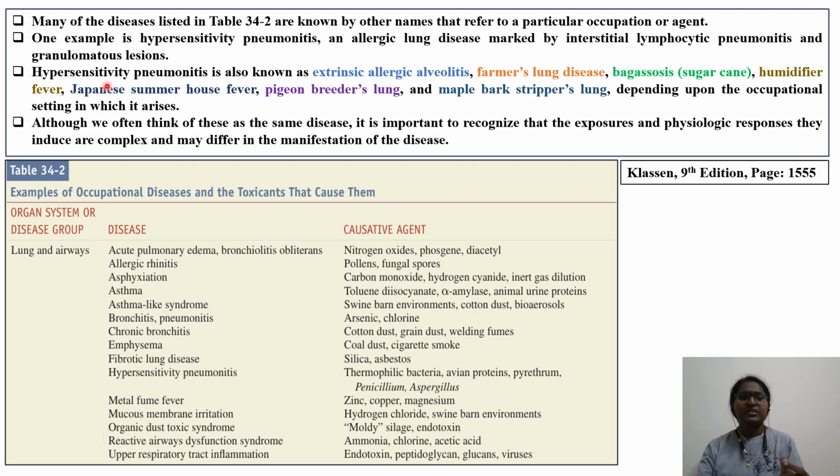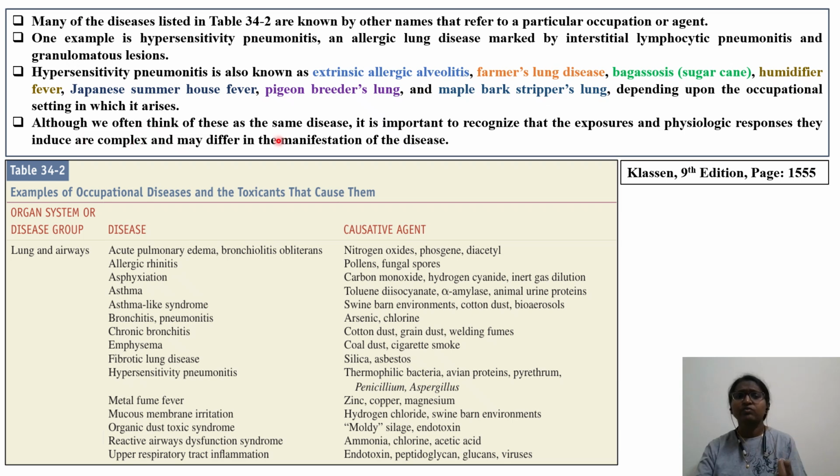See, one example is hypersensitivity pneumonitis, an allergic lung disease marked by interstitial lymphocytic pneumonitis and granulomatous lesions. Hypersensitivity pneumonitis is also known as extrinsic allergic alveolitis, farmer's lung disease, bagassosis, that is sugarcane. That is the reason in our question we have allergic pneumonitis. Humidifier fever, Japanese summer house fever, pigeon breeder's lung, maple bark stripper's lung, depending on the occupational setting in which it arises.